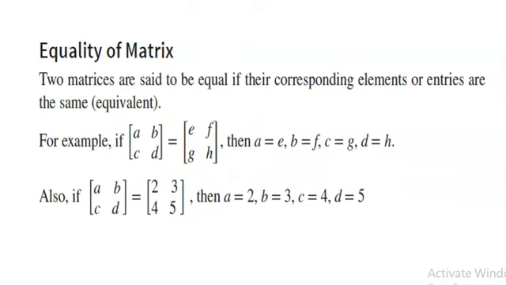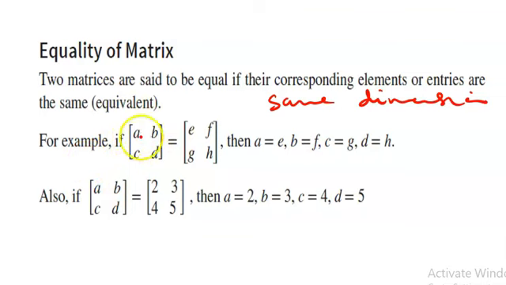Okay. So the next thing that we want to do is equality of matrix. When do we say two matrices are equal? Two matrices are said to be equal if their corresponding elements or entries are the same or equivalent. Or that is the first thing, they have the same dimension. Right. So look at this one.